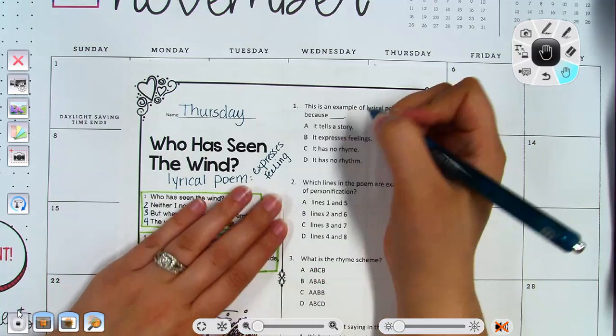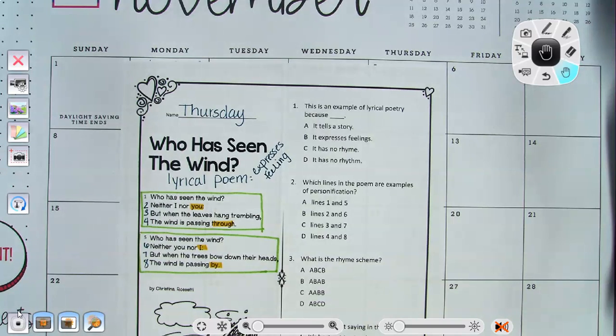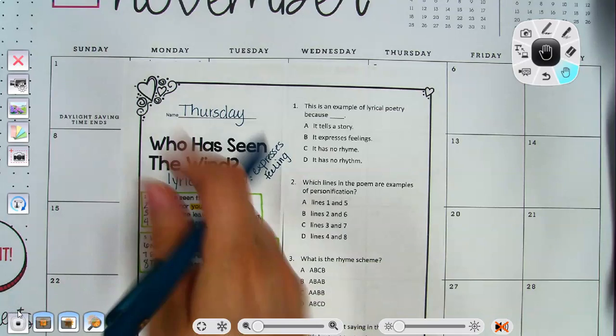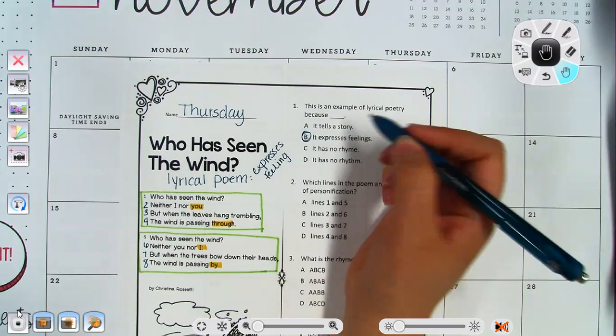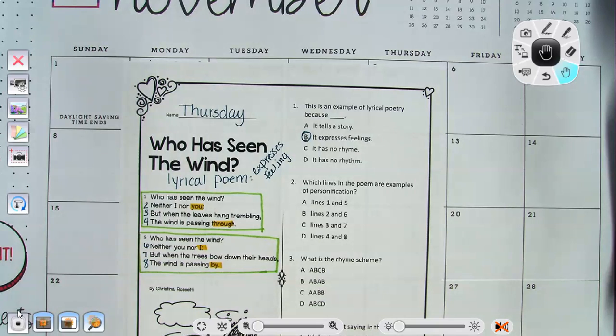I think of that as like a song. You may have a favorite artist that sings, and their songs, their music, are lyrical poems, guys. They're expressing their feelings through their music. So we call this a lyrical poem. We know that this is expressing their feelings about the wind.